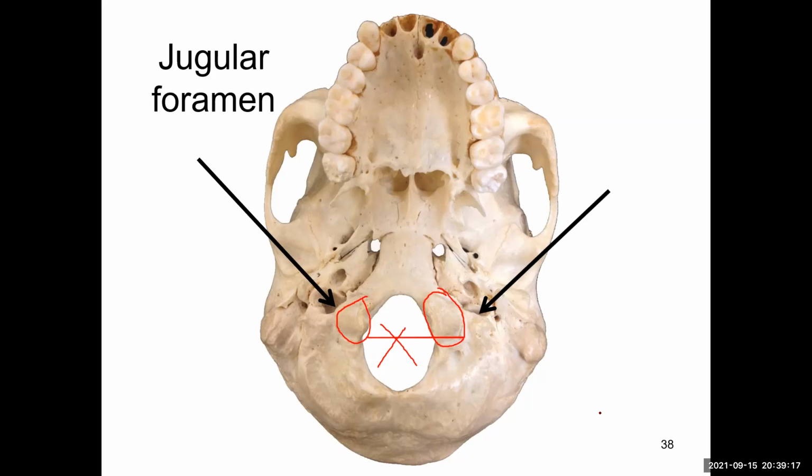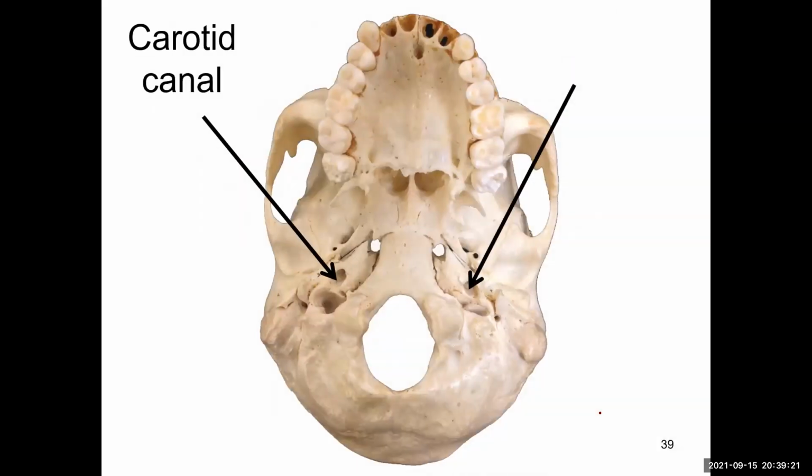Now we're going to move anterior to the jugular foramen. You notice these arrows, here's the jugular foramen here and over here. So anterior to the jugular foramen is another opening into the skull. That's called the carotid canal.